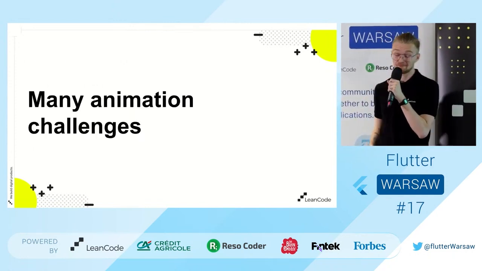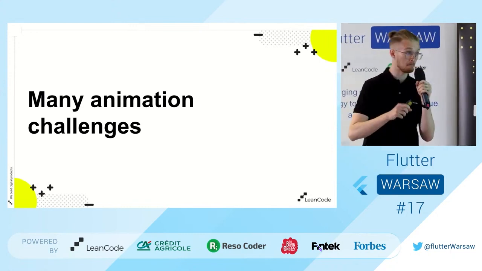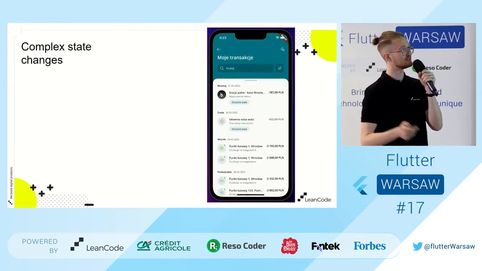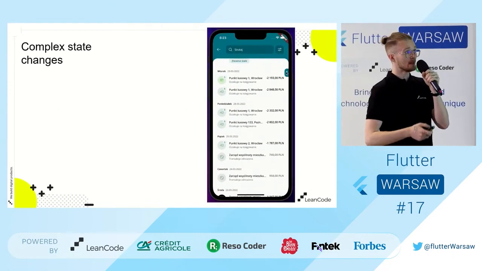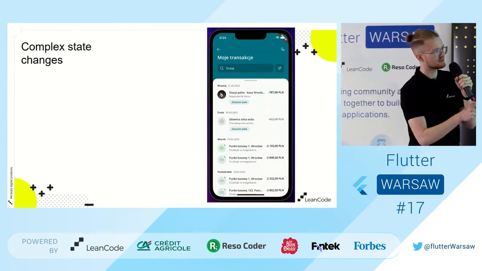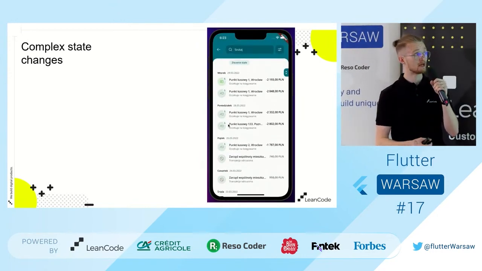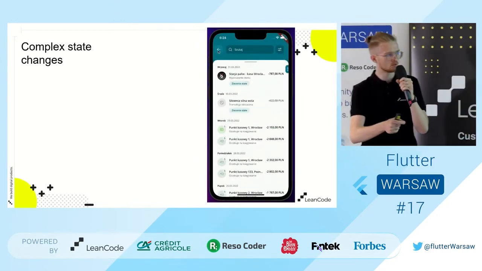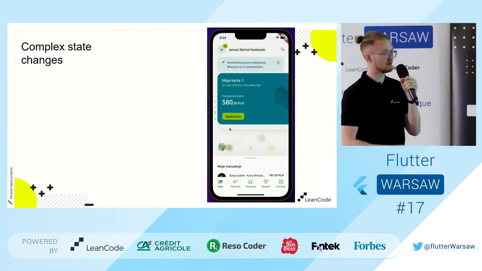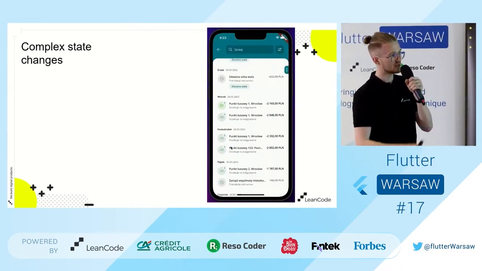And the animations, many animation challenges. This is the most complex widget that we have in the application, but not in Storybook in this isolated manner where you have only this widget.